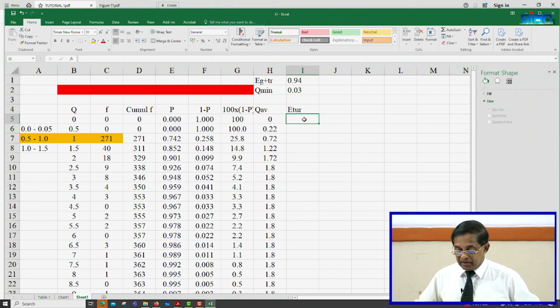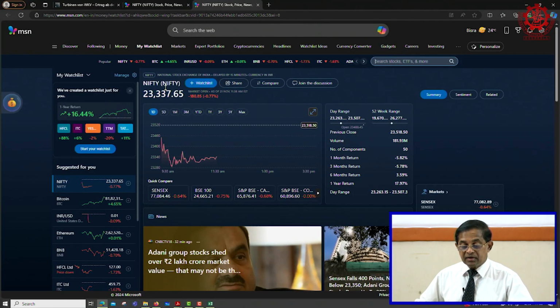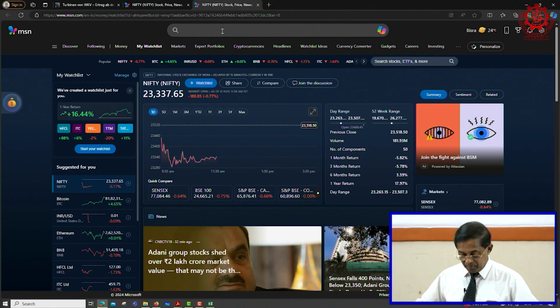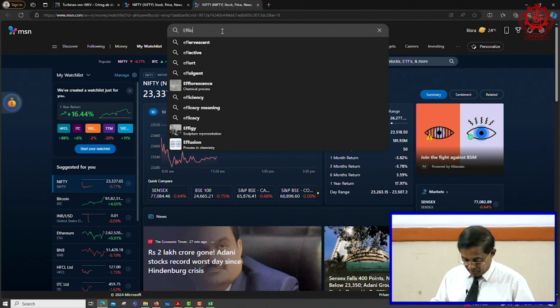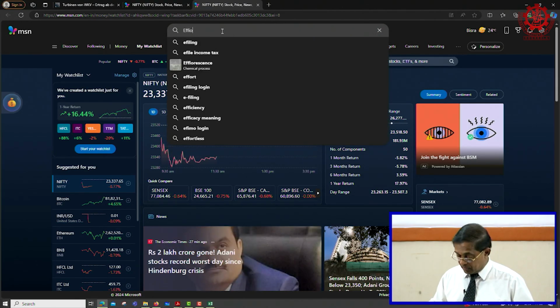So, we have selected a Pelton turbine, so we can refer to a Pelton turbine. Let us see if such a graph is available on the net.